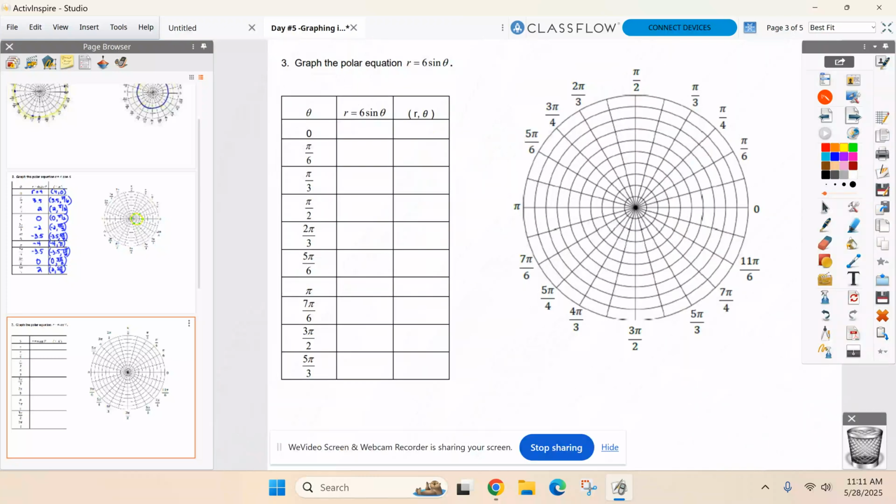6 sine theta. Go ahead, run through your table for me. All it is, type the numbers into your calculator. 6 sine of all these right here.